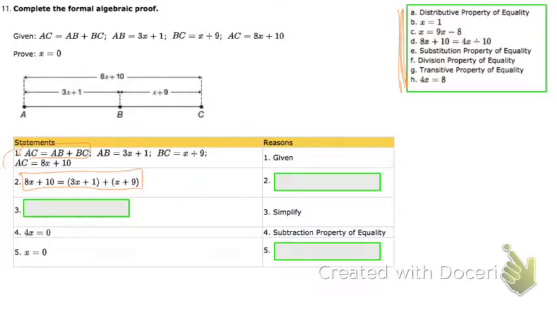What allowed them to change it to this? And then it says simplify. Okay, let's simplify this, and what do we get? And then the subtraction property of equality allowed you to do this. And then what did I do to each side to get to this? So that is what you're doing for this question here.